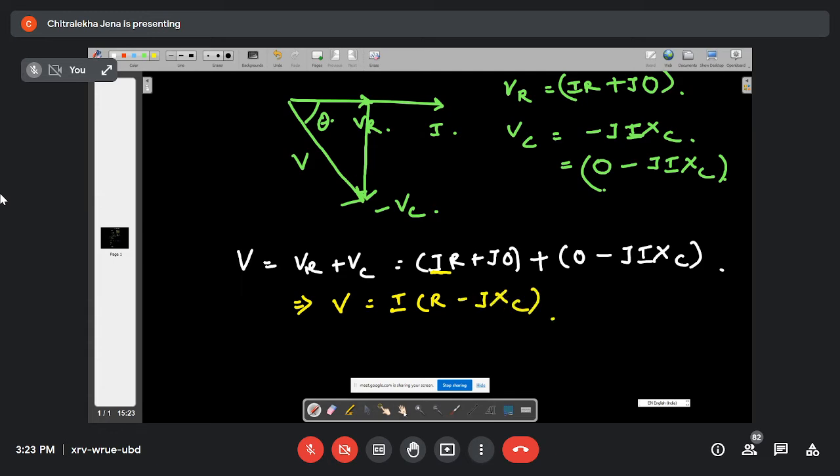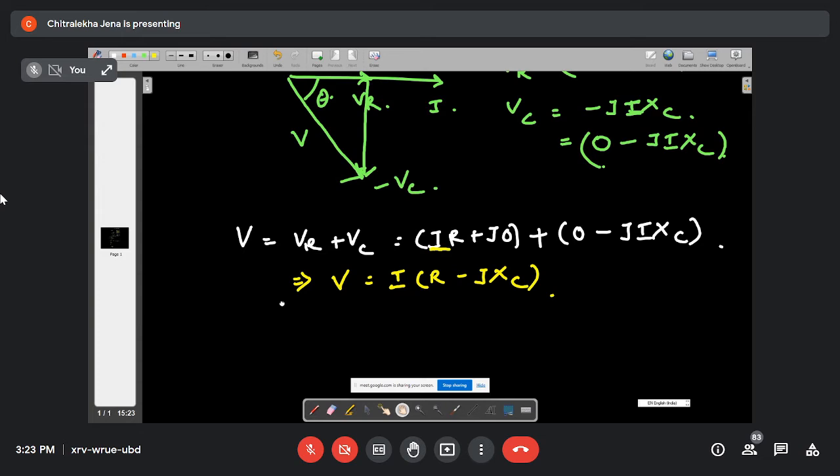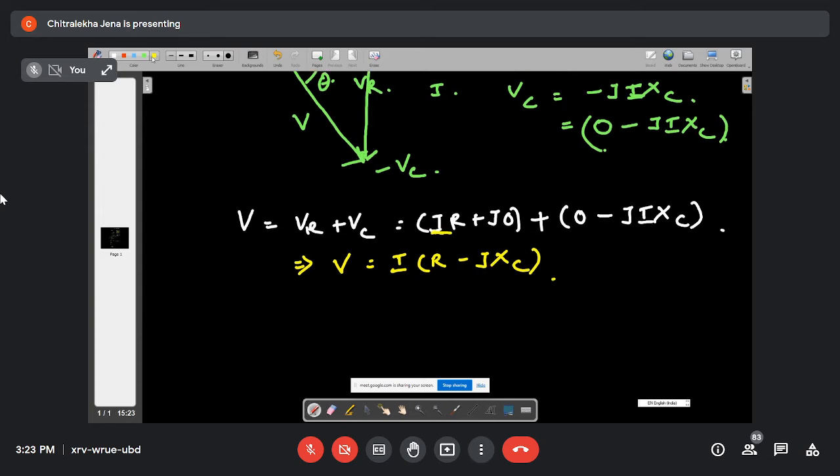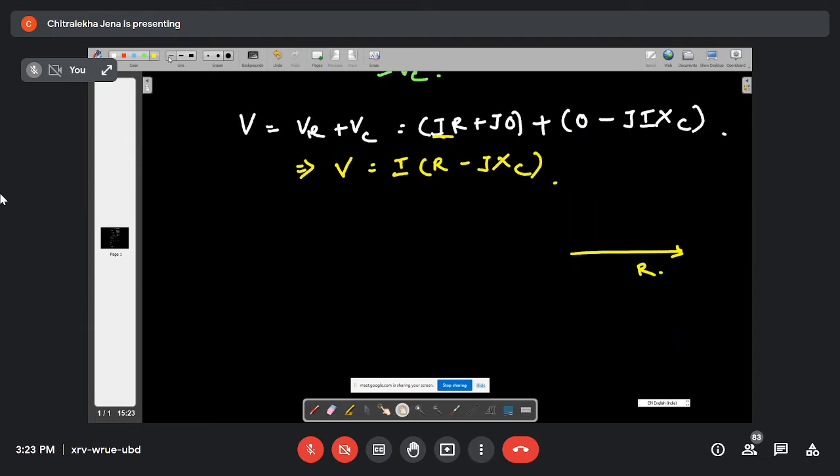This is from the voltage triangle, and from the impedance triangle, how will I draw? This one is your R, and in the downward direction will be your XC, but I will write here minus XC, and this one will be your Z. Clear to all of you?